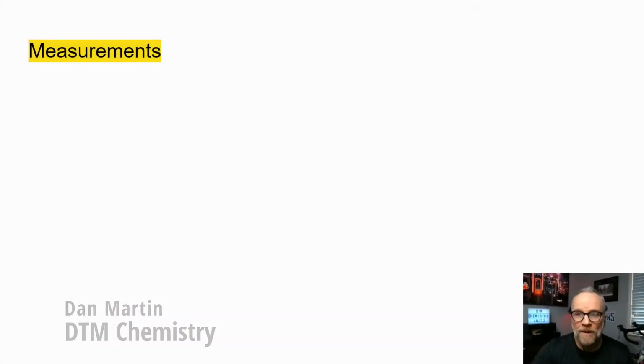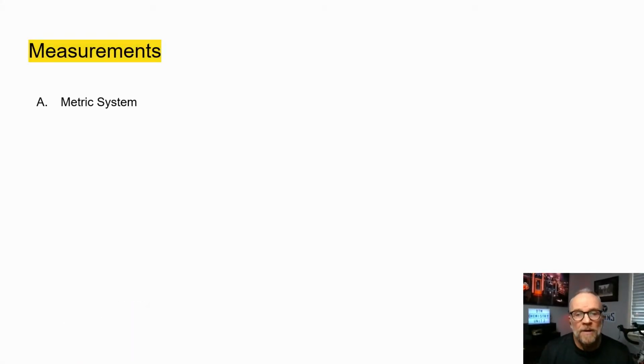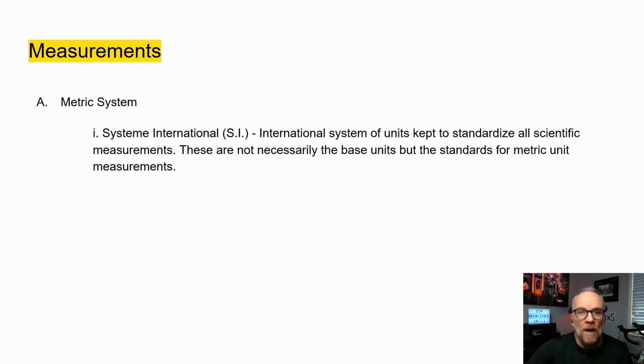Okay, measurement. And when we make scientific measurements, we use the metric system. It's the international way of describing different quantities in science. Some years ago, the U.S. tried to convert over to the metric system, and it had a lot of resistance to that.